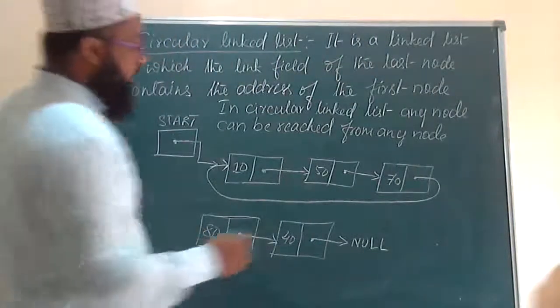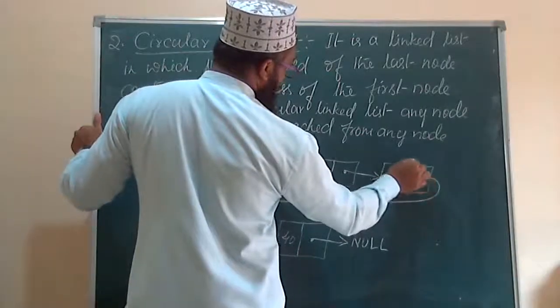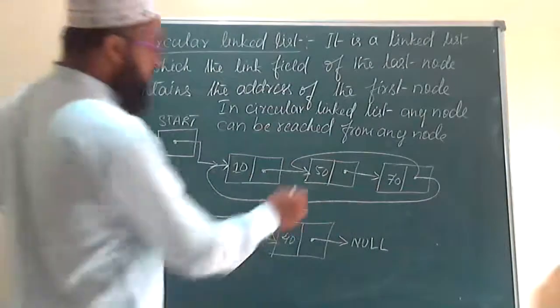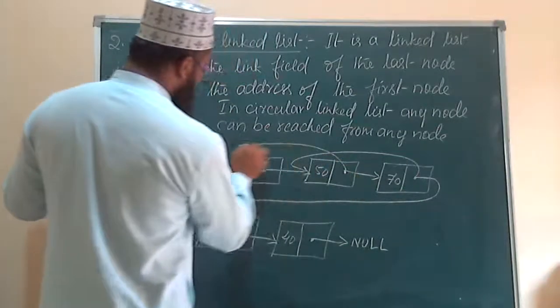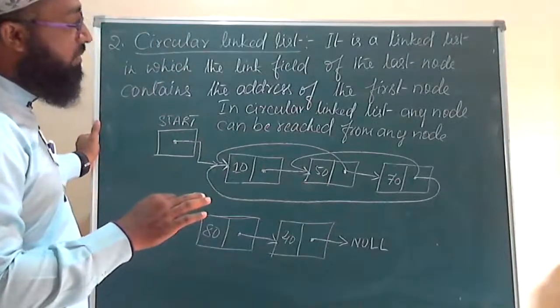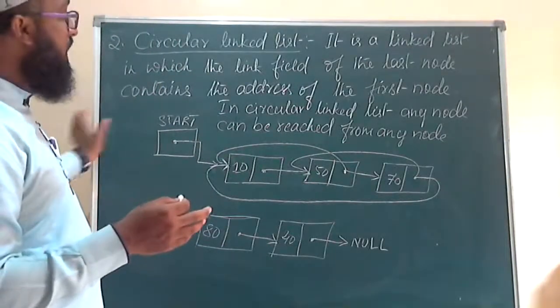From here if you want to reach the second node you can reach, or from here if you want to reach the first node you can reach. So this type of linked list will be called a circular linked list.